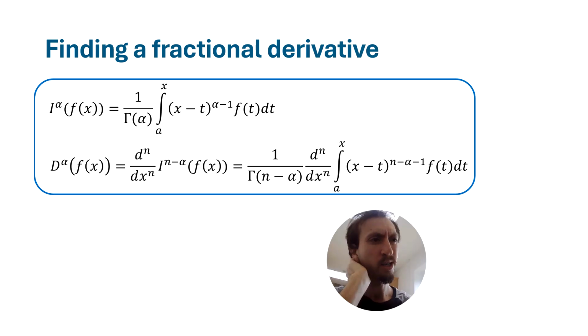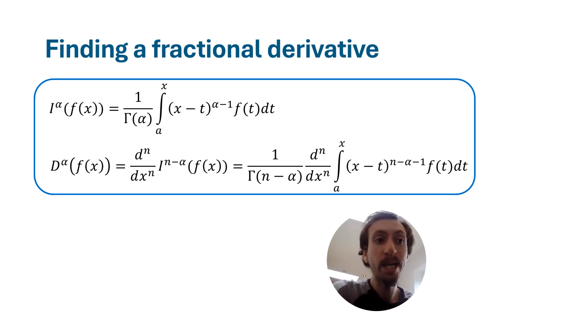But this expression for the fractional derivative looks pretty bulky, so can we simplify it? And the answer is we can, because if we look at the left-hand side, we've got a derivative operator where we only need the order alpha, but on our right-hand side, we have got n appearing.